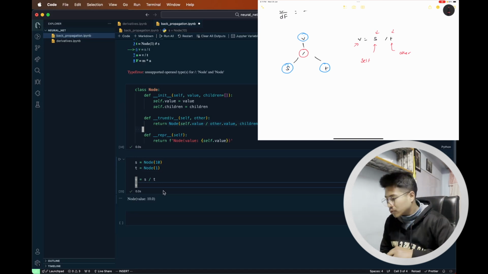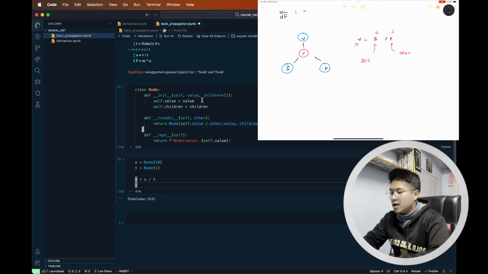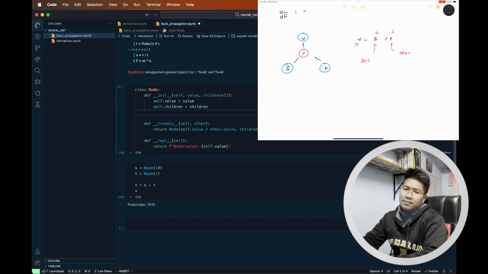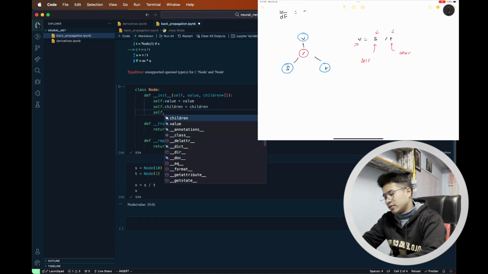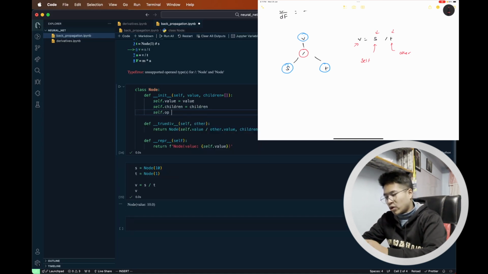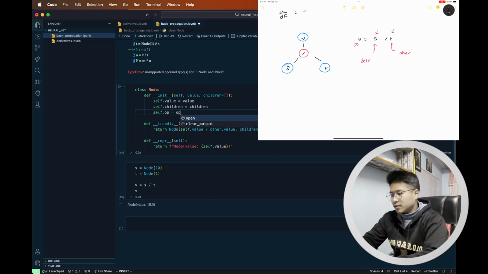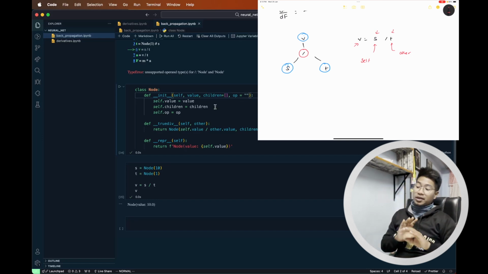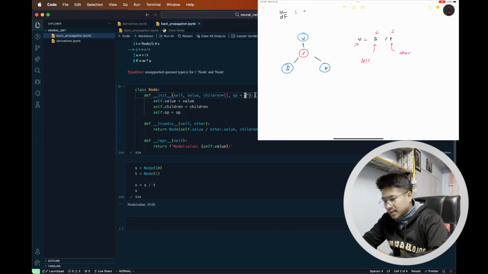So let's also include that in our node. Let's call it operator, right? We need to understand what operation happened. So let's just call it OP for operation. I'm gonna give that in over here. And for a leaf node, the operation would be nothing. That makes sense, right?